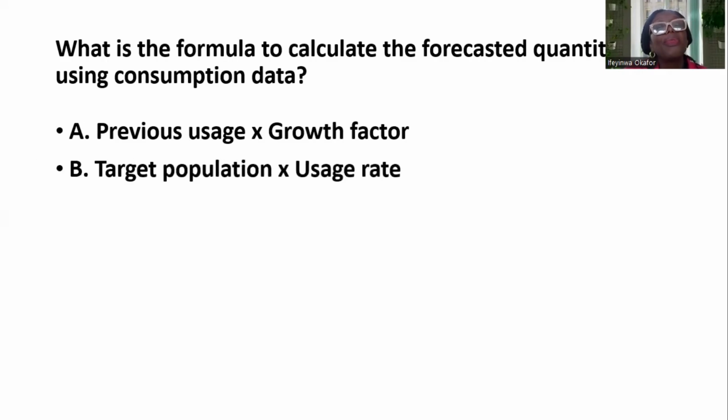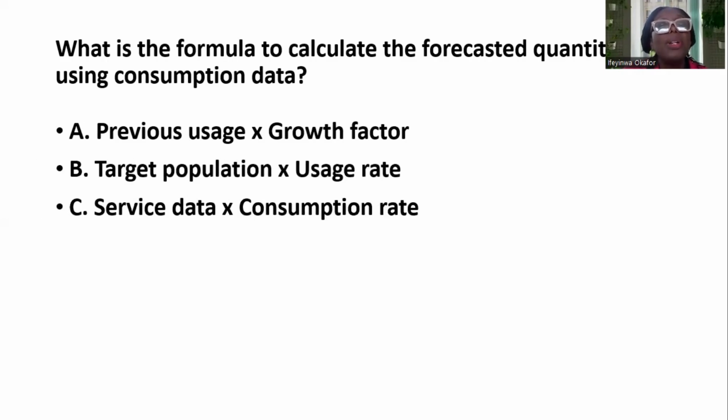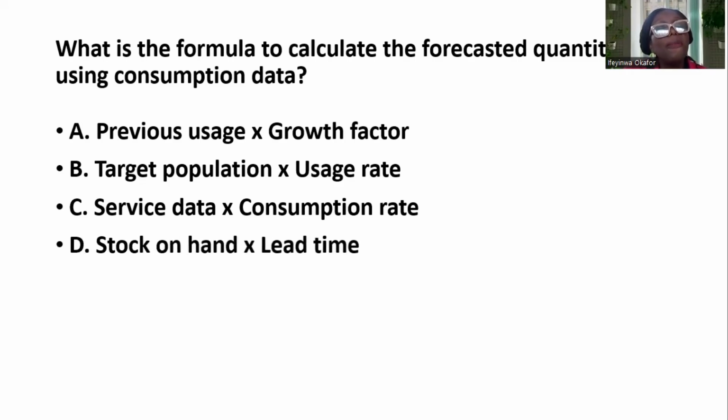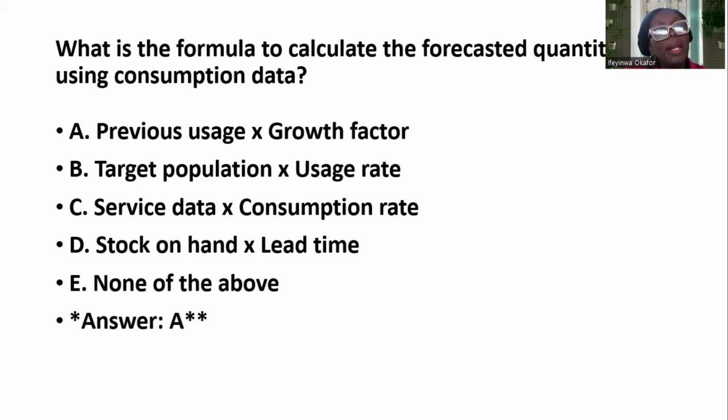We have previous usage times growth factor, targeted population times usage rate, service data times consumption data, stock on hand times lead time, none of the above, and our answer is A, previous usage times growth factor.